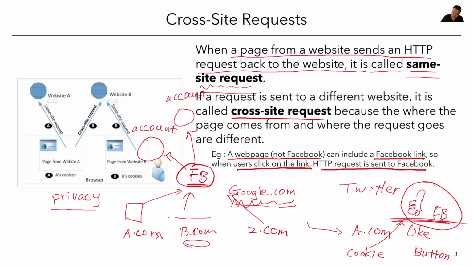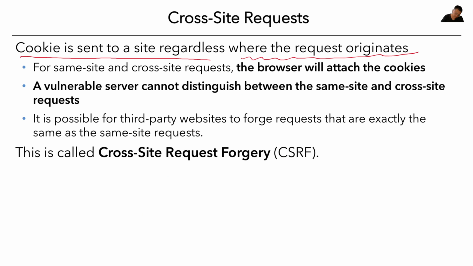They all have a similar kind of link to be embedded in other people's websites. For both same-site and cross-site requests, the browser will attach the cookies. So the vulnerable server cannot distinguish between same-site and cross-site requests. This is the vulnerability we call cross-site request forgery.